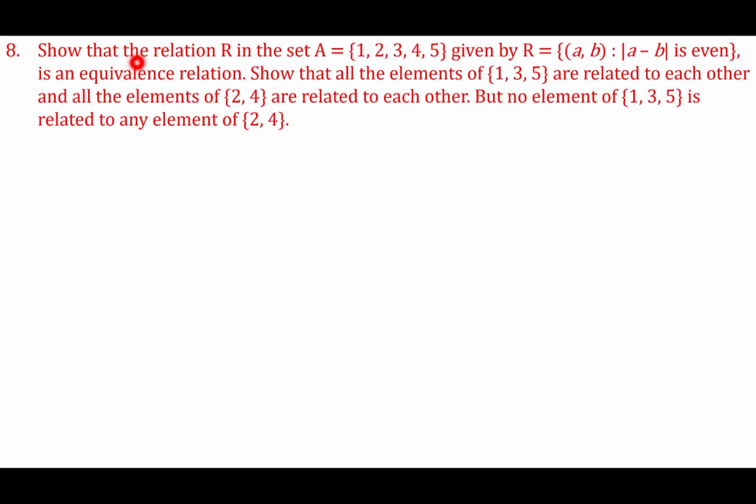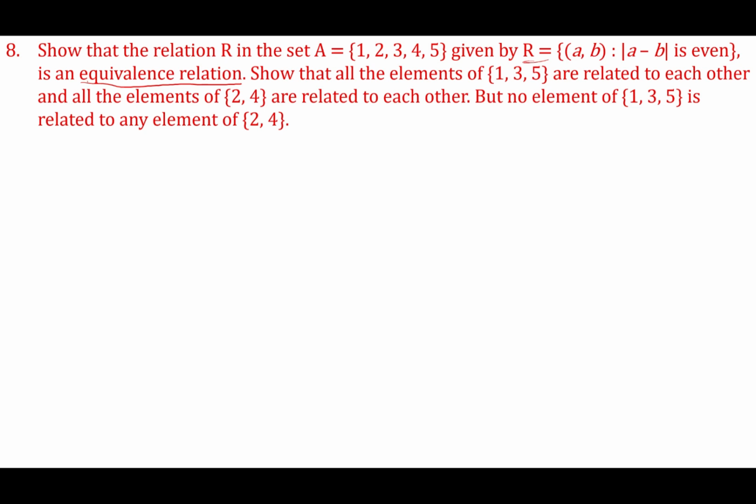Question 8. Show that the relation R in set A = {1, 2, 3, 4, 5} given by R = {(a, b) such that |a - b| is even} is an equivalence relation. Equivalence relation means we have to prove that this relation R is reflexive, symmetric, and transitive.